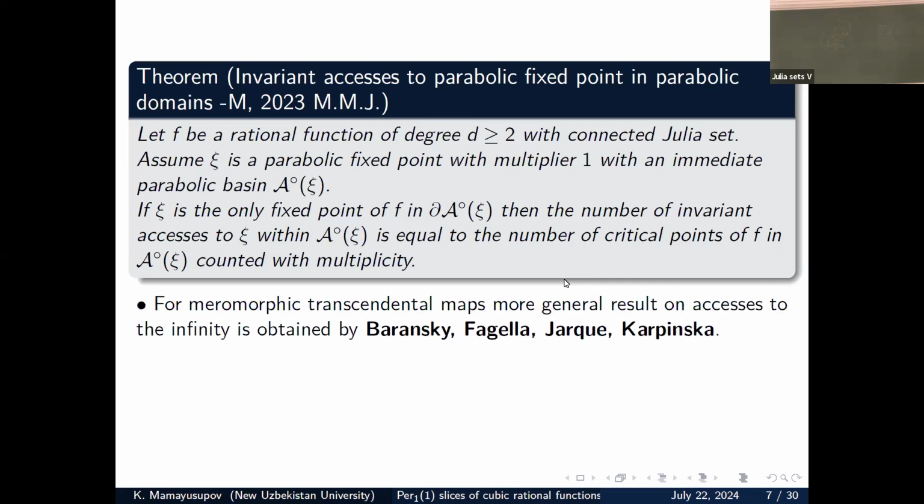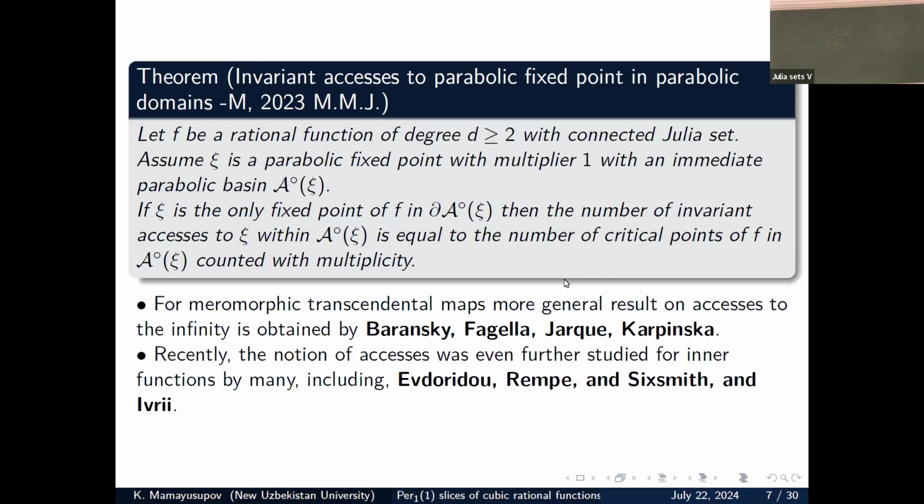So if you have a meromorphic case, you can have accesses which are not invariant. Actually this result I prepared last year, but it's actually a very old result. A more general version was given in this paper. So this was for meromorphic transcendental maps, where you can have infinite degree. Okay, and also there is related work on inner functions.